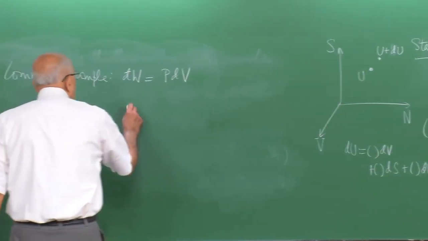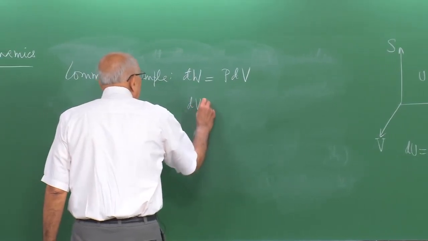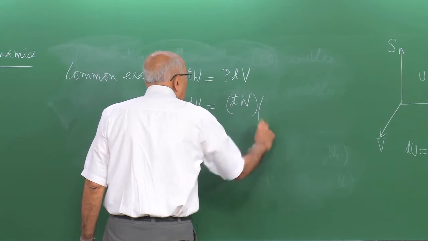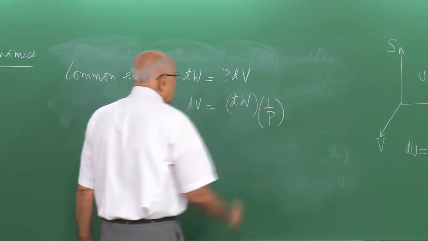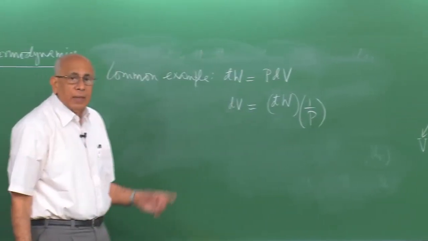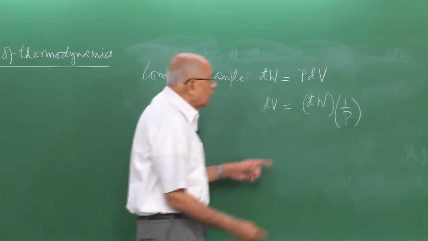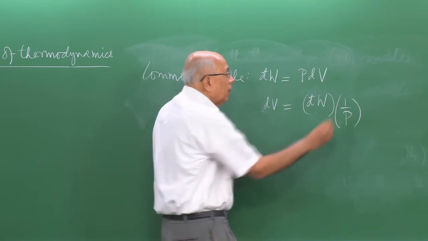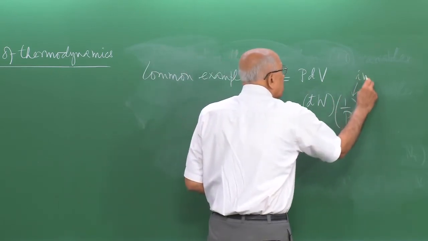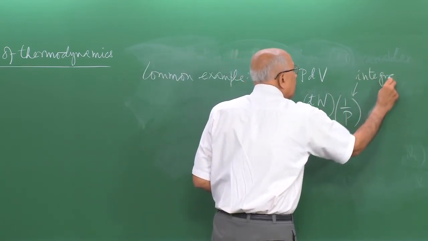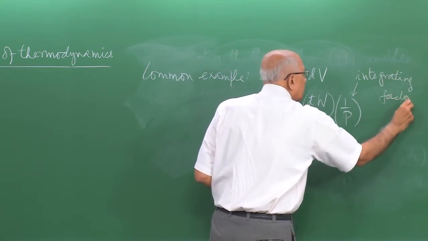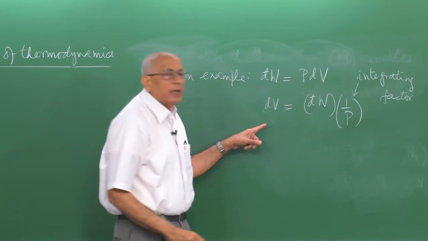So it actually says that dV equals dW times 1 over P, and in terms of mathematics what it means is that when you have an imperfect differential like this, you can multiply it by what is called an integrating factor to make it a perfect differential.